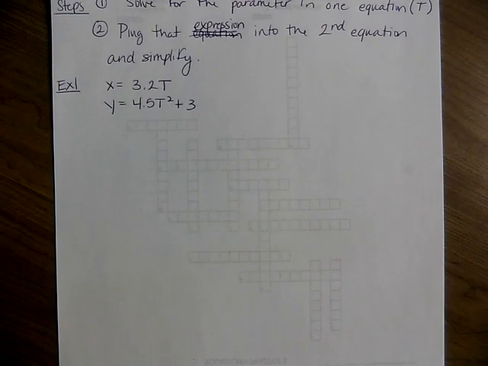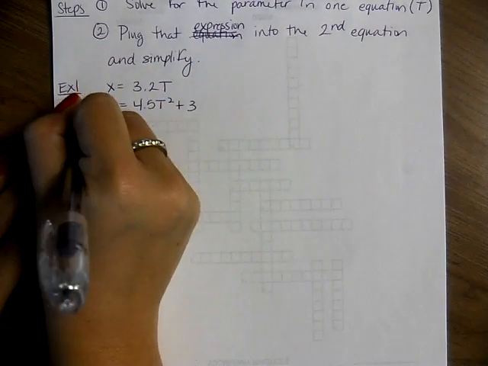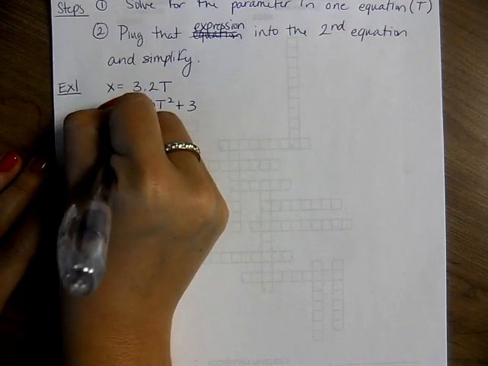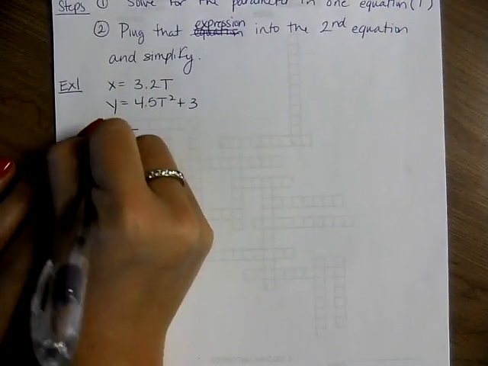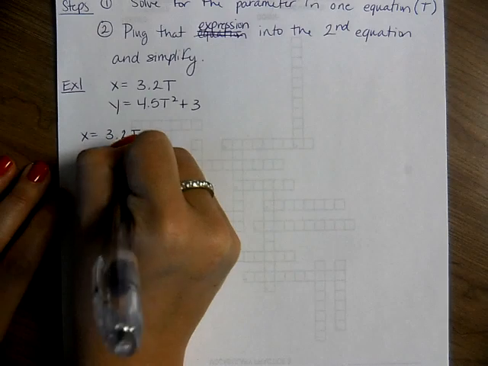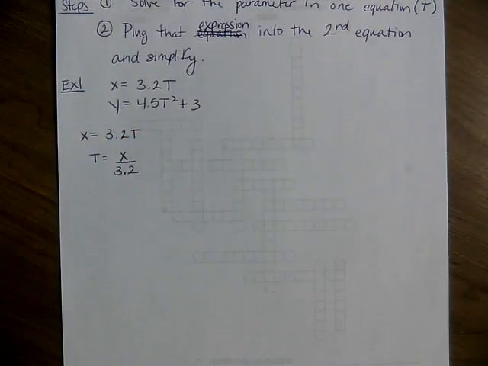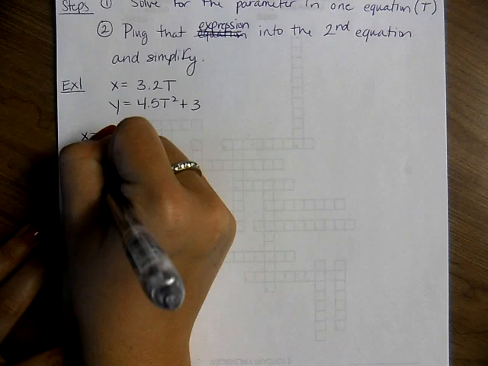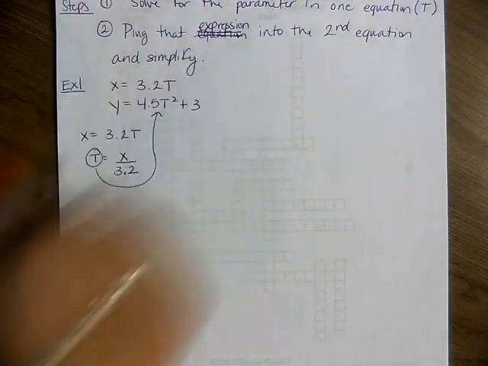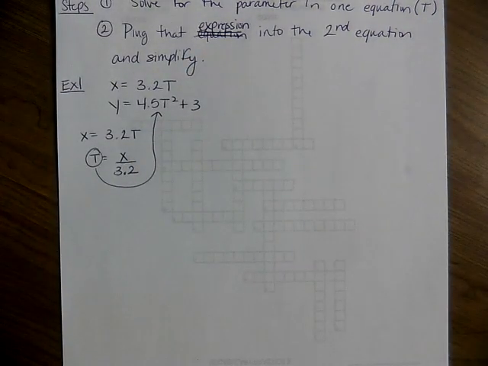So step 1, we're going to solve for t in the x equation. We have x equals 3/2 t, so that means that t is equal to x divided by 3 over 2, or 3.2. Once you have that, now we're going to take that t and substitute it in here to y. We're trying to eliminate that parameter of t.